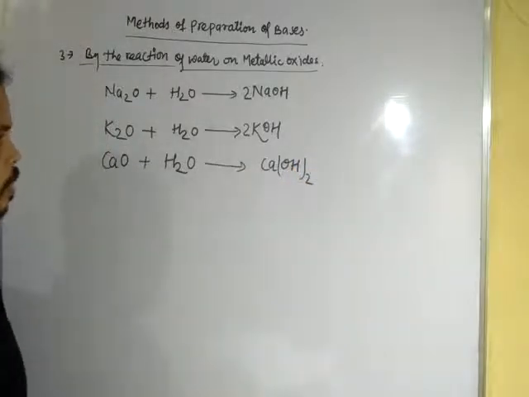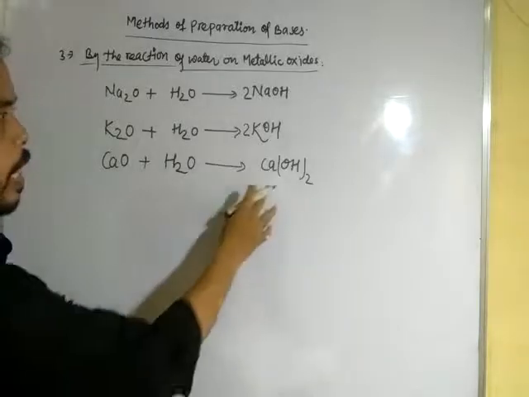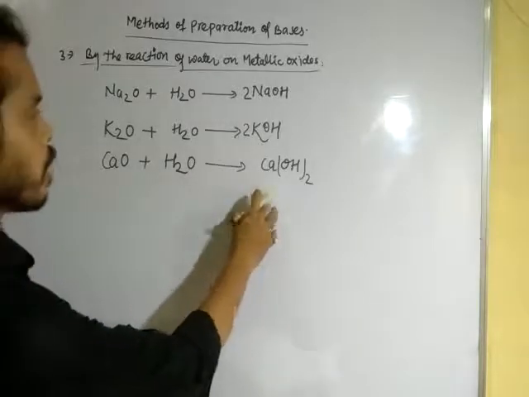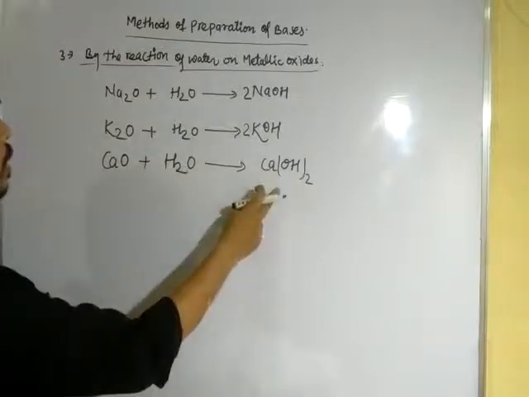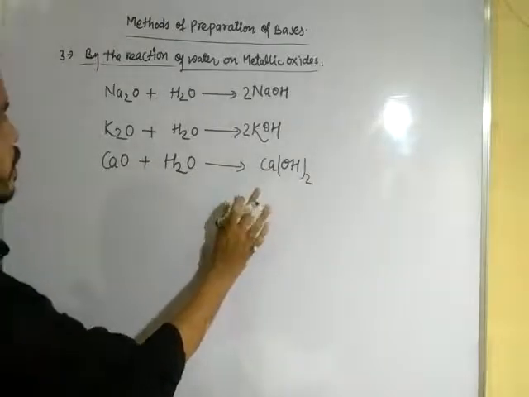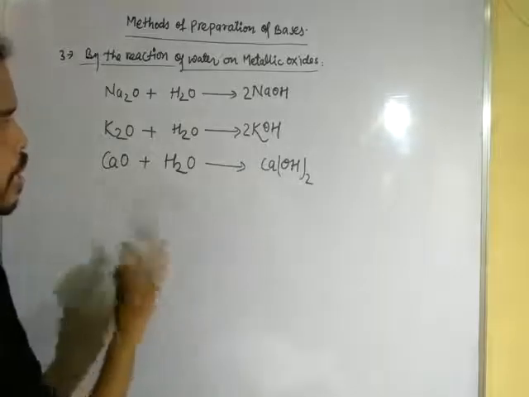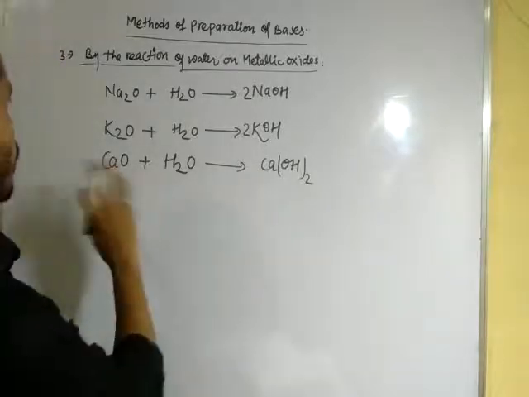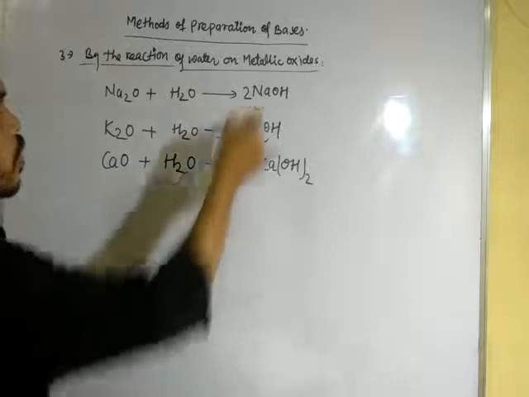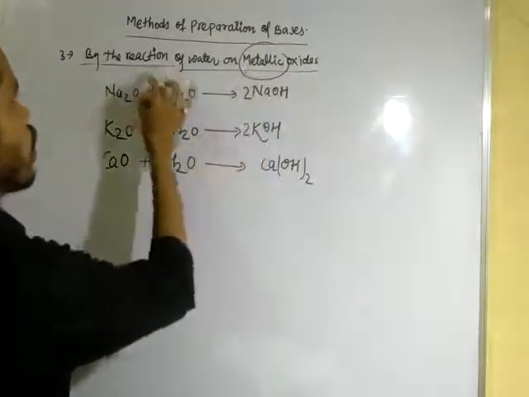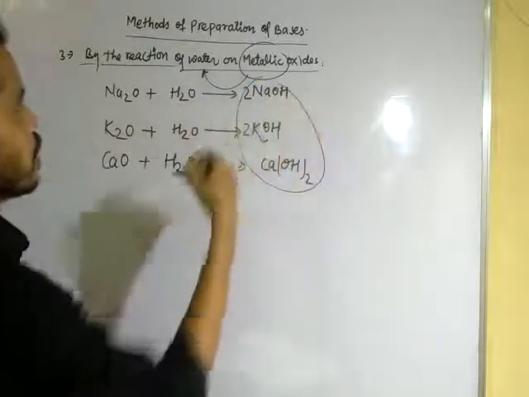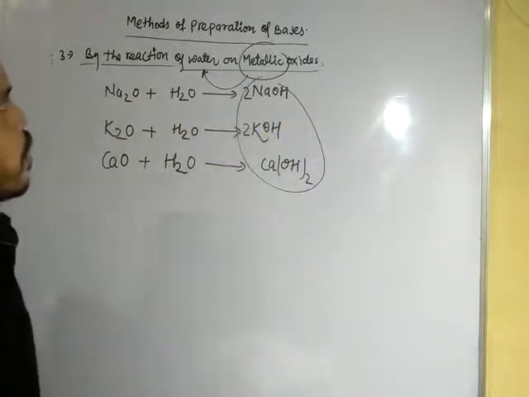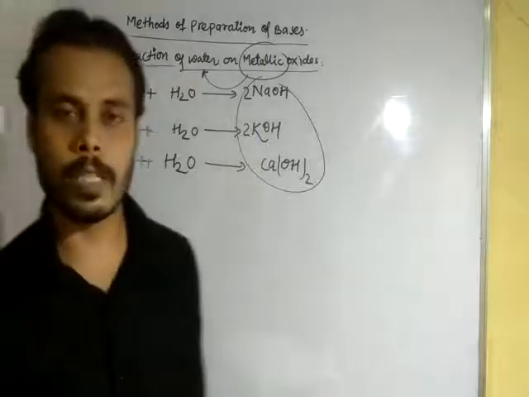This is quick lime, and it is known as slaked lime. I think everything is balanced, every atom is balanced on both sides. So when metallic oxide dissolves in water to form bases, this is the third important method for the preparation of bases.